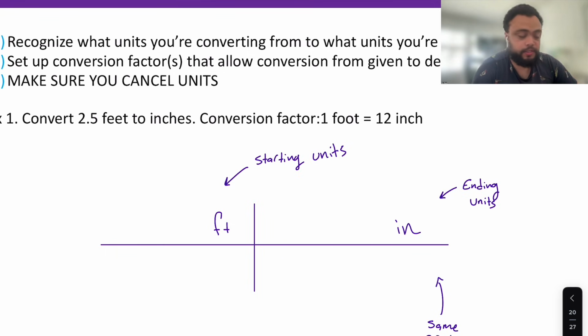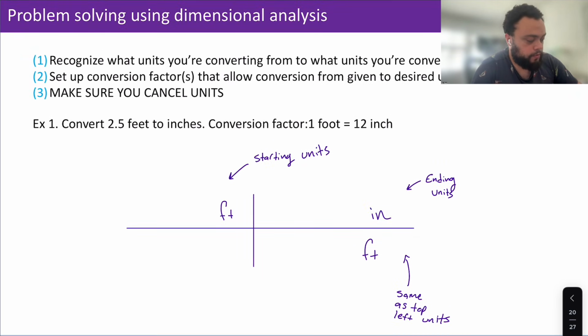Now, whatever goes in the top left needs to go on the bottom. So feet on the top left, and then feet has to be on the bottom as well. We set up the conversion factors that allow for these units to give the desired results.